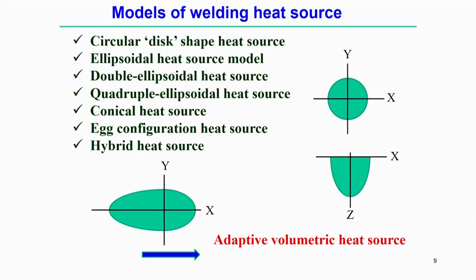The first and second figures represent the ellipsoidal heat source model. But that is the case for spot welding. If the heat source moves, in what way can we represent the heat source? In practice, the arc or laser is moving in a specific direction.